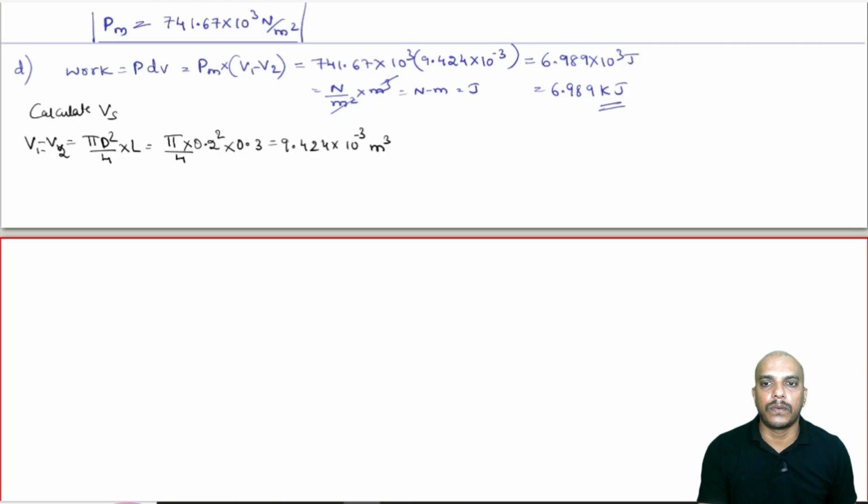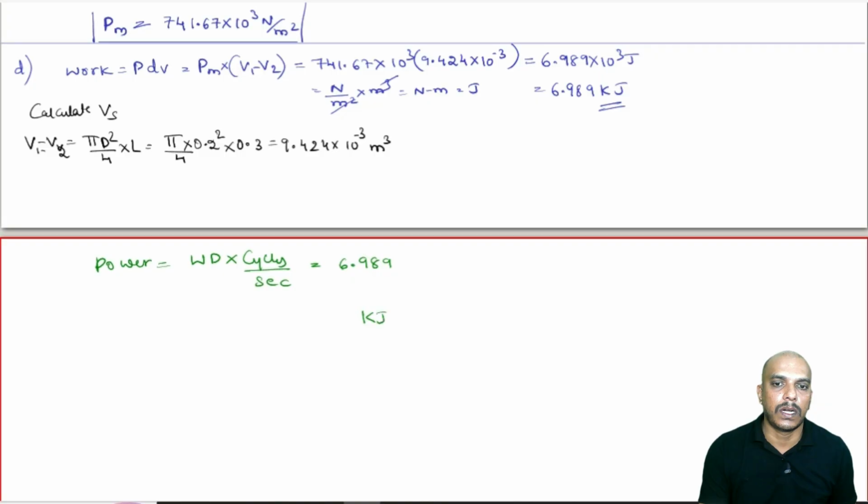Now power is what we wanted actually. So I will say that power is equal to work done multiplied by cycles per second. We want it in kilowatt, so work done is 6.989 kilojoules, and if you multiply by cycles per second, we'll have it in kilowatt.